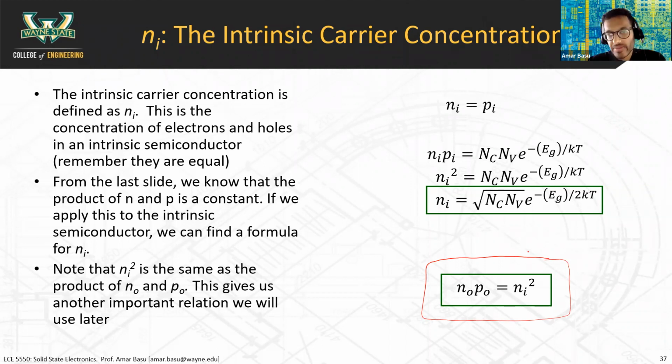We already know this fact about intrinsic carrier concentrations in our head. Our intuition is that the electron and hole concentrations are going to be the same. Why is that? Why are the electron and hole concentrations going to be the same in an intrinsic material? We talked about this in class last time and even a little bit today. Intrinsic means undoped.